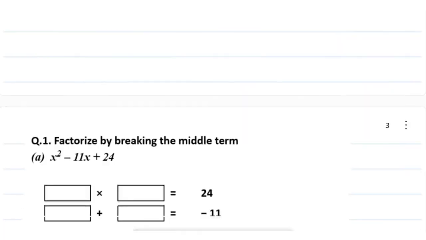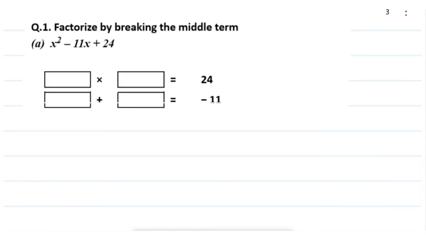How? Let's see now in this example: x squared -11x plus 24.